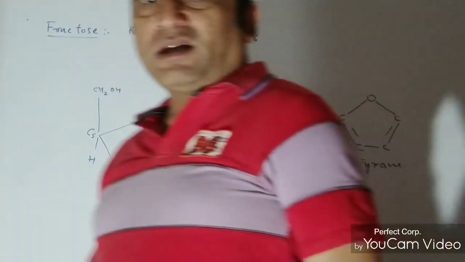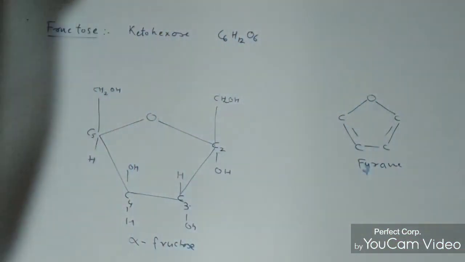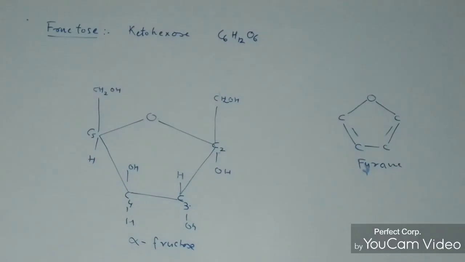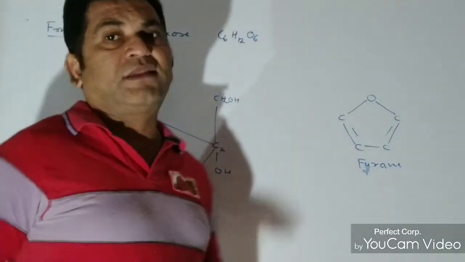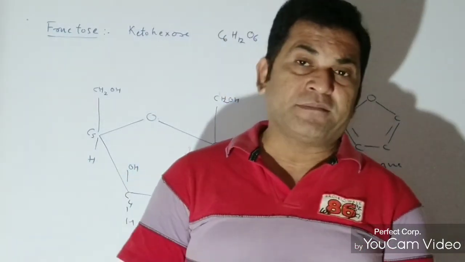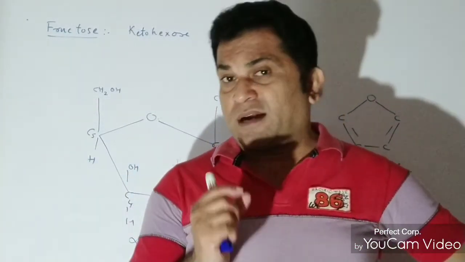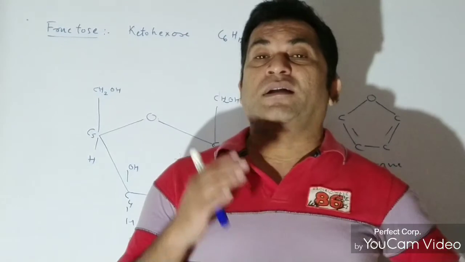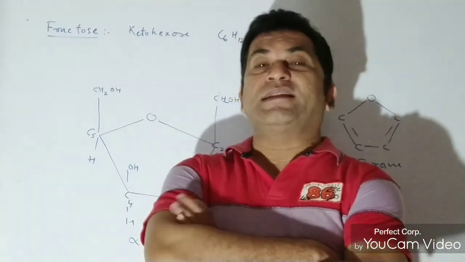So I hope that you understand the structure of glucose and the structure of fructose that we have studied today. And with this, we are ending carbohydrates, because onwards we do not have anything else.